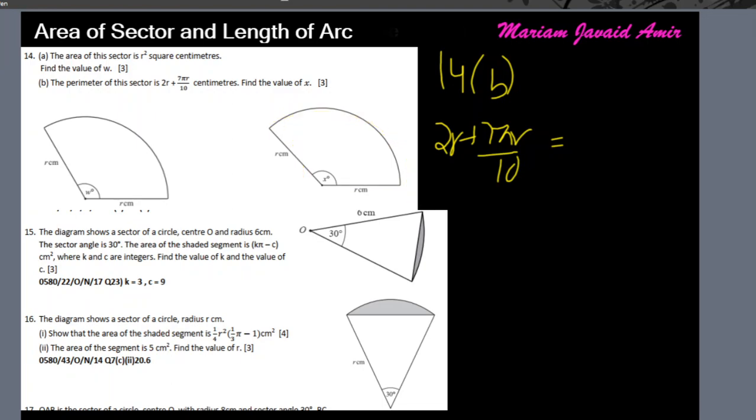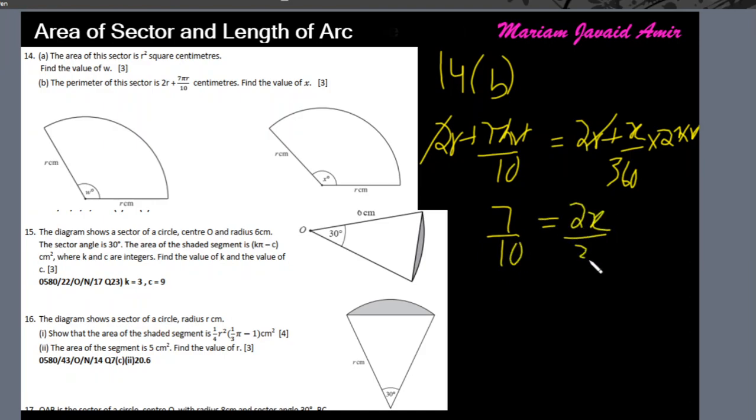So 2r plus x over 360 into 2 pi r. 2r and 2r cancel each other out, and pi r and pi r as well. So 7 over 10 equals 2x over 360. So 7 into 360 divided by 20 gives us 126, and that's the answer for part B, 126.0 degrees.